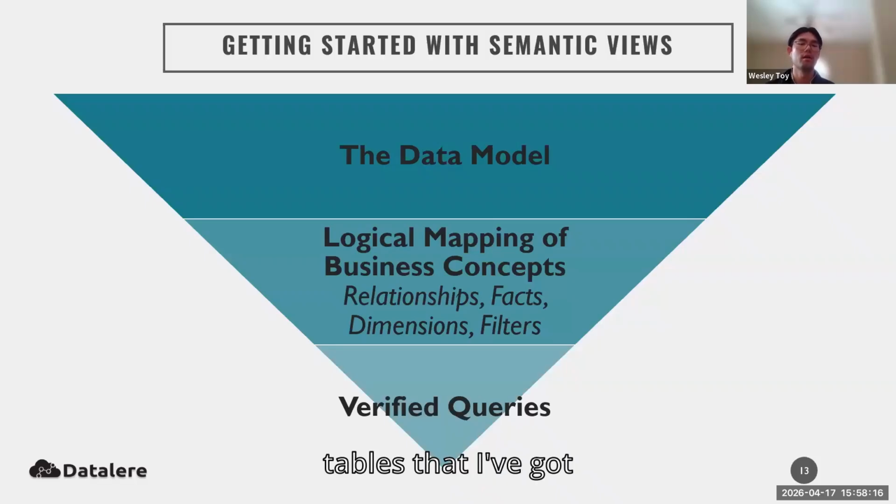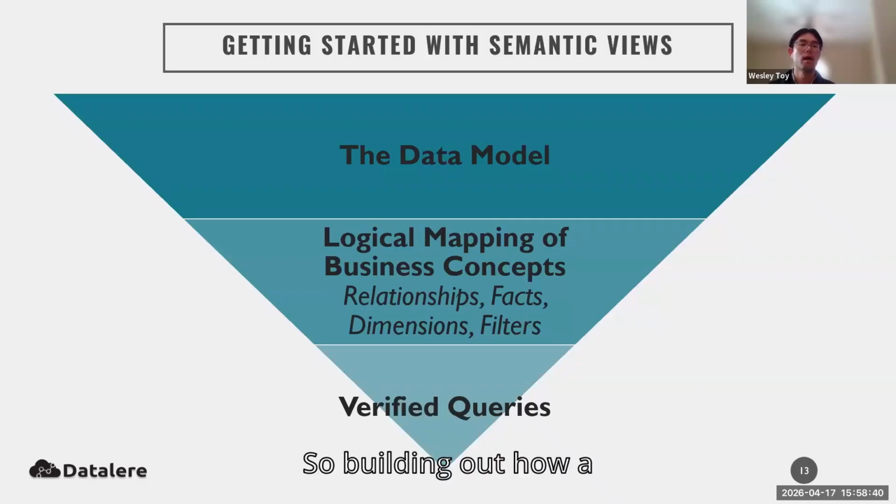my physical tables that I've got in my Snowflake environment. And then I'm going to build a logical table of how to think about these business concepts and entities across my gold layers. So that's building out relationships, facts, dimensions, and filters. So in our app demo that we're going to show you, we have a sales data mart. So we have customer, product, date, and then our transactions table.